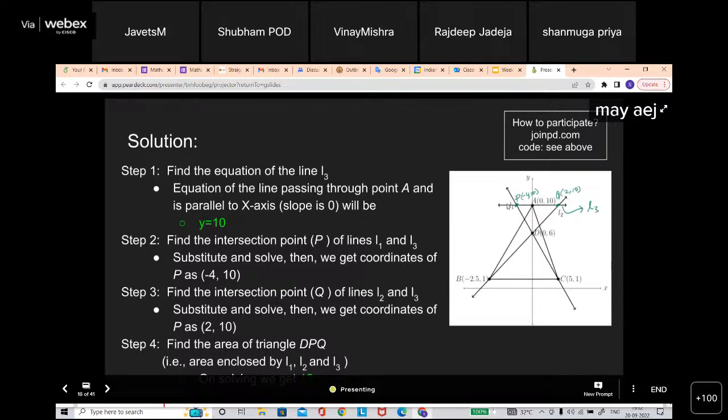So the intersection points: for L3 and L1 this is (-4, 10), and for the other it is (2, 10).